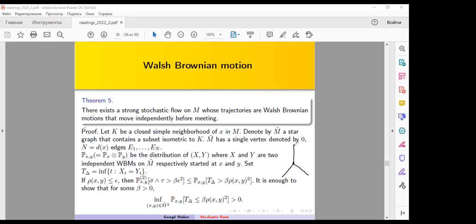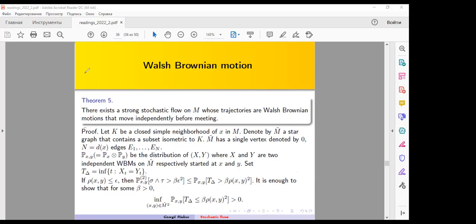Actually, we can then extend these edges to infinity and look at the Walsh-Brownian motions on the so-called star graph, and estimate the probability that they coalesce before time proportional to distance squared, and estimate this probability uniformly from above. If we do this, we will prove what we need. Okay.